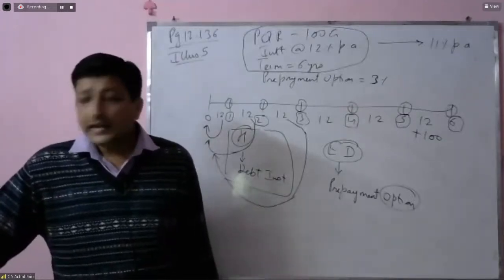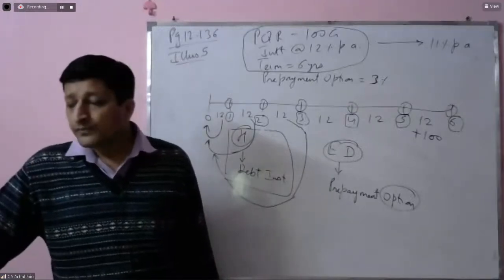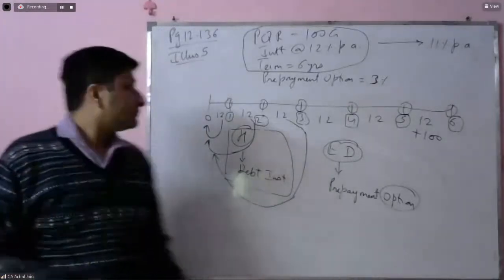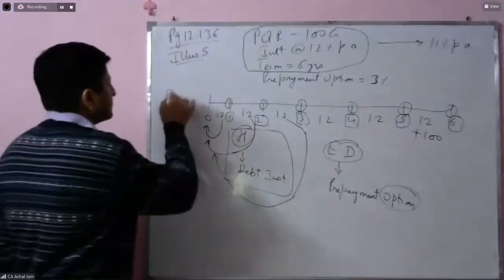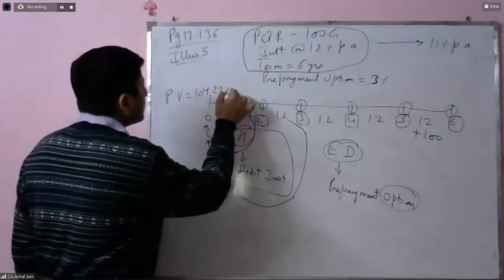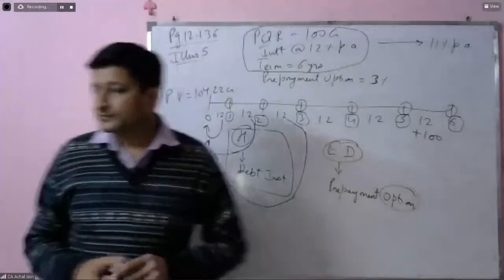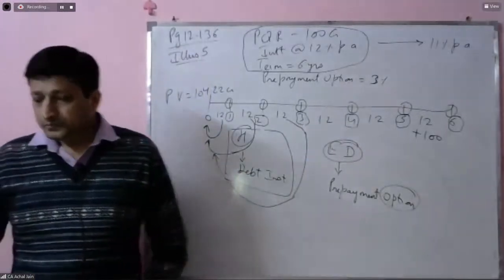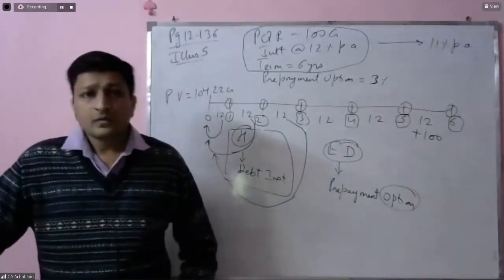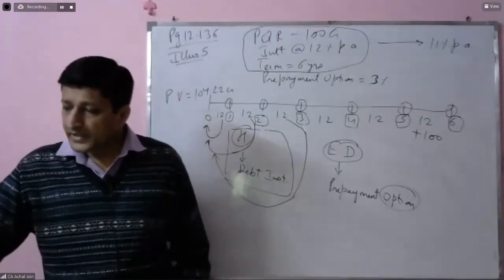So the present value for all of these amounts comes out to 104.22 crores. So this is the present value which we get.